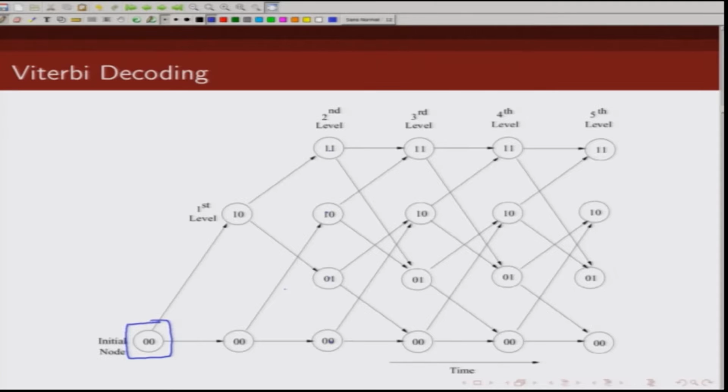Once your time becomes more than m, at each state there are two branches which are merging. On the x axis is my time, and I am denoting them by levels: first level, second level, third level, fourth level, which is just how the time is progressing.